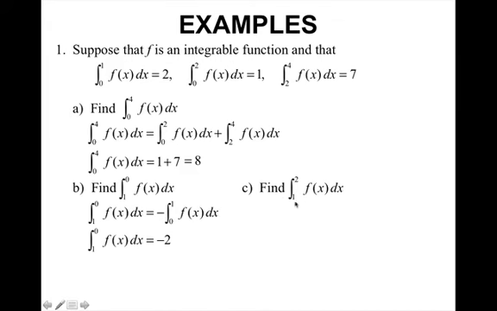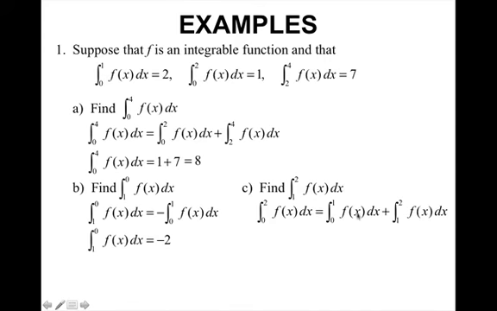Now if I want to find the area from 1 to 2, notice I do not have 1 to 2, but I do have 0 to 2, and I have 0 to 1.